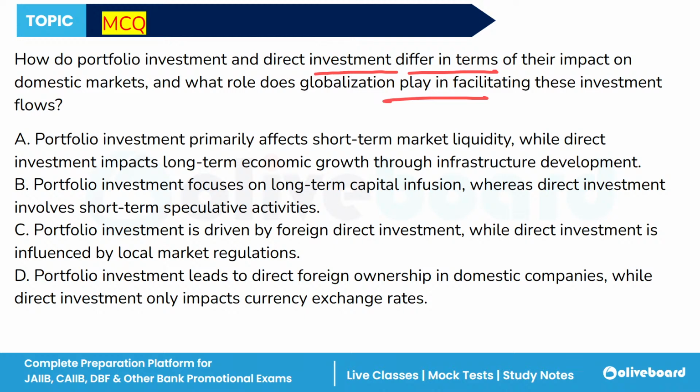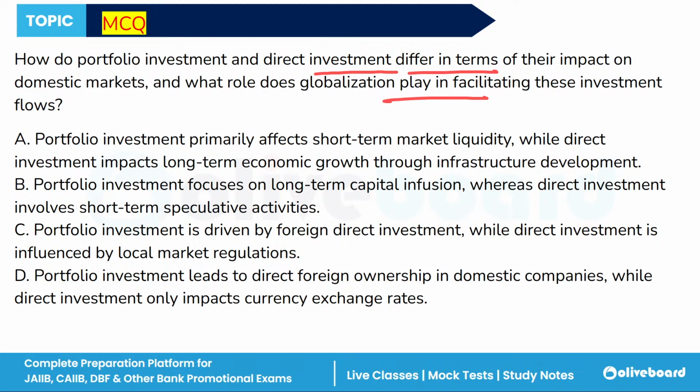We know that globalization means interaction between the domestic and the global market. It is a process of integrating the domestic market with the global market, characterized by free capital flows and minimum regulatory intervention.